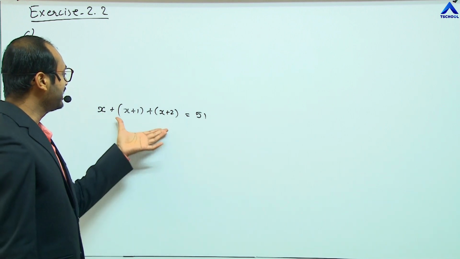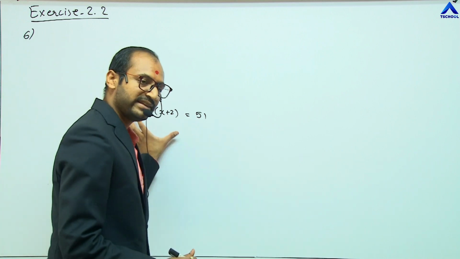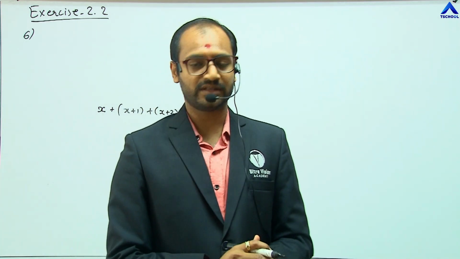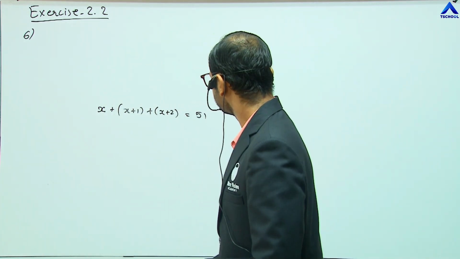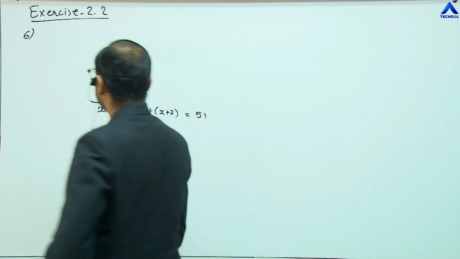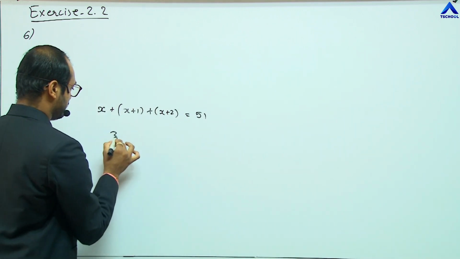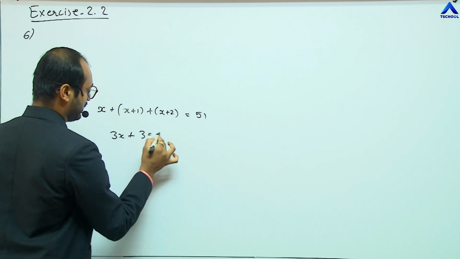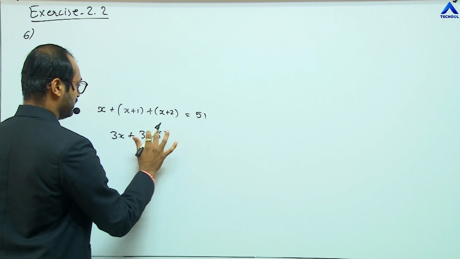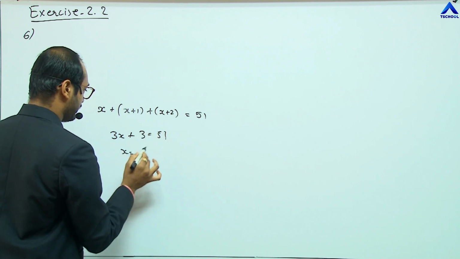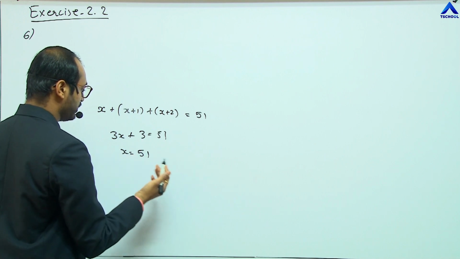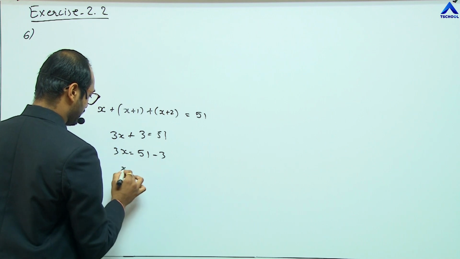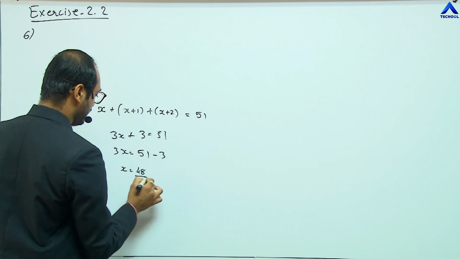Clear? So by adding and solving this equation we get the solution, the first consecutive integer. x plus x plus x is 3x, and 2 plus 1 is 3, equals 51. By subtracting 3 on both sides, 51 minus 3, here is 3x, so 3x equals 48.